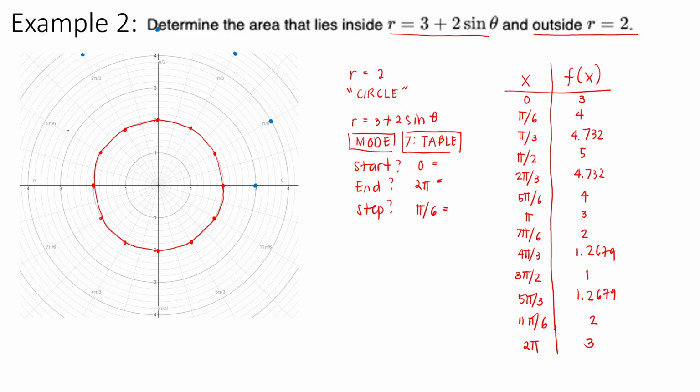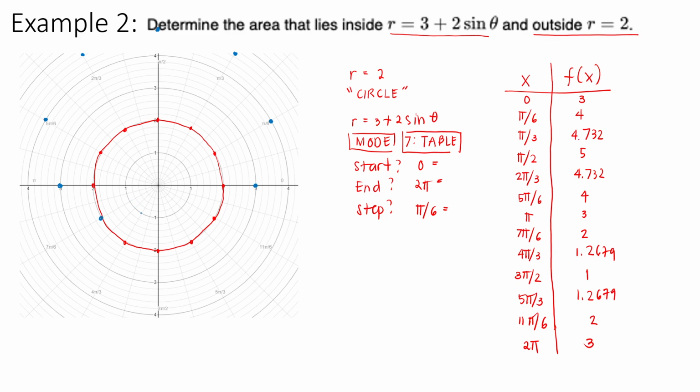Then 3, 4 pa tayo, 4, then 3. So let me erase the wrong point. 4, 3, and then 2.